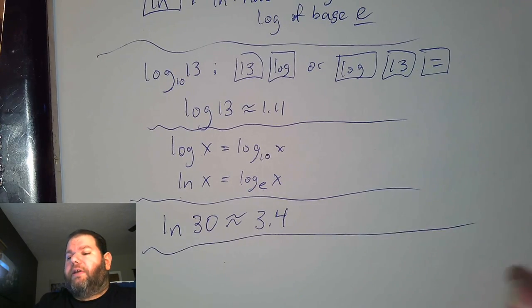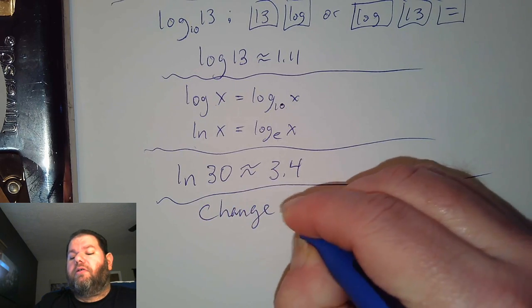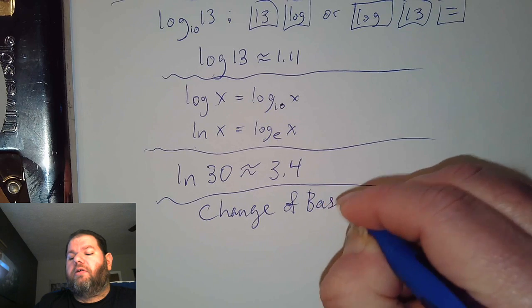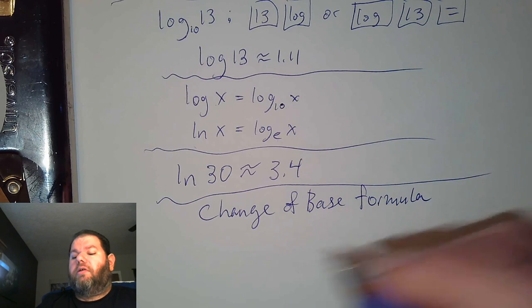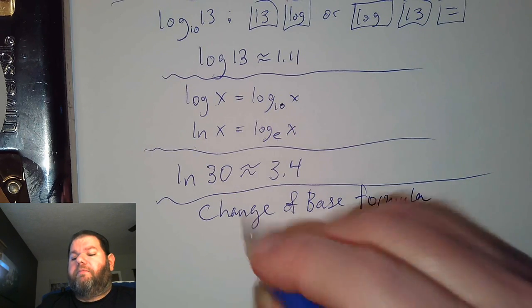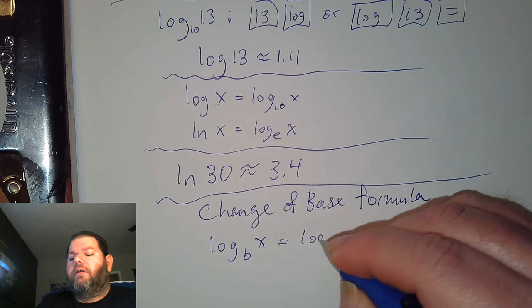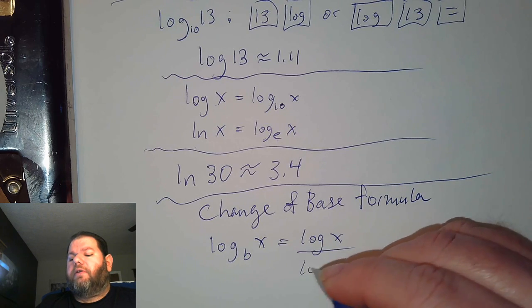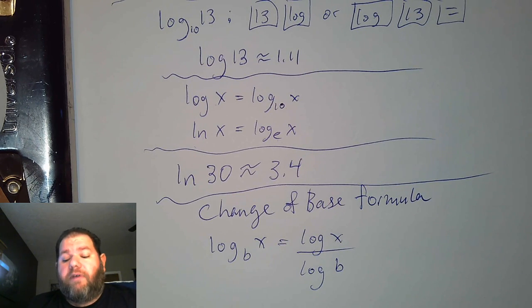And so we have what's called the change of base formula, which says that log base b of x is equal to log x over log b. So if you don't have a calculator that handles other bases, that's fine. We are able to use this formula to solve any logarithm in any calculator.